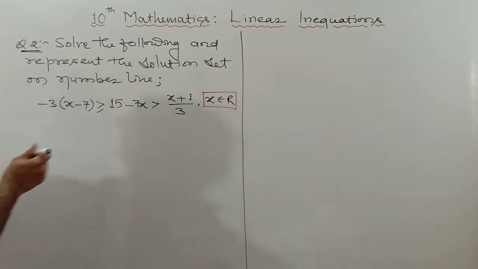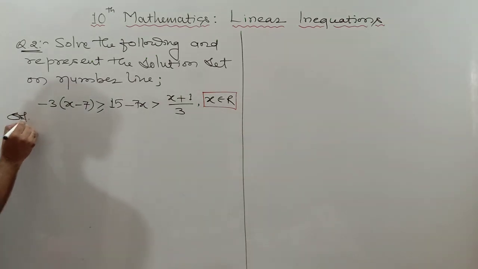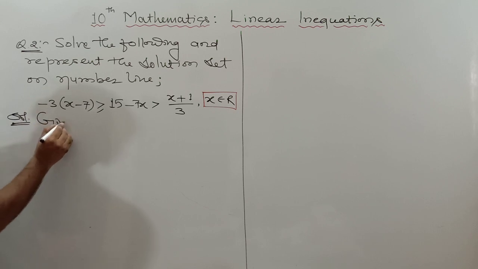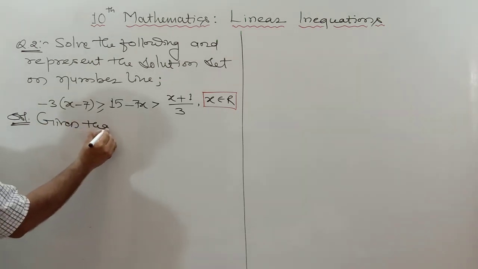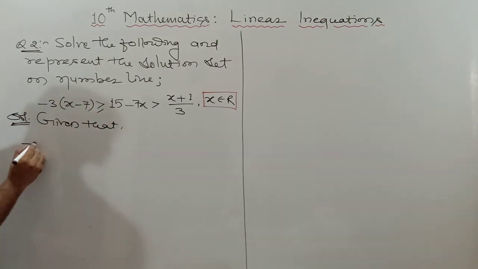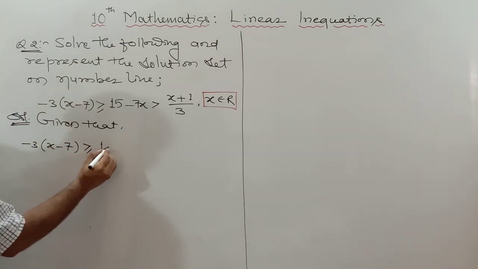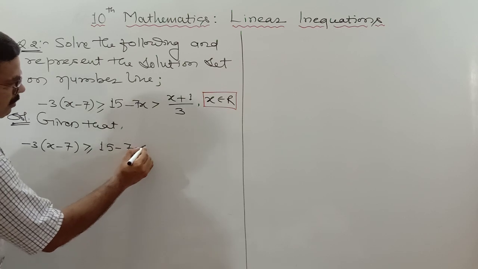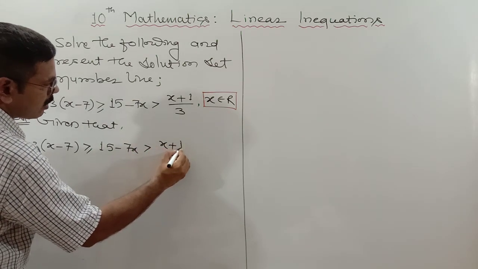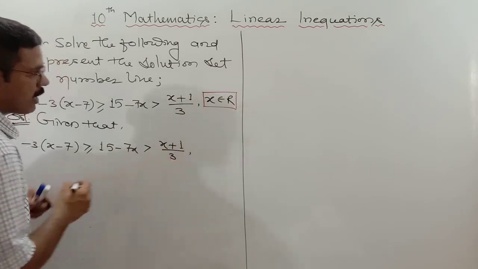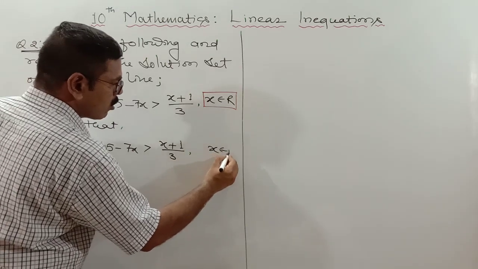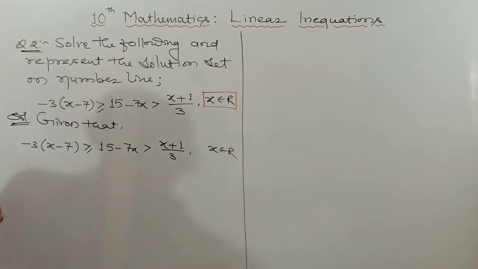चलिए, solution करते हैं. Solution. Very first we'll write the given. So in given we'll write the entire question: -3x minus 7 is greater than or equal to 15 minus 7x is greater than x plus 1 upon 3. Here x belongs to R. Is there any doubt?